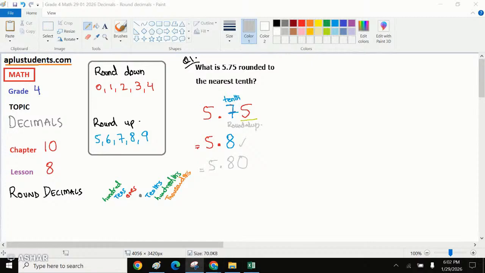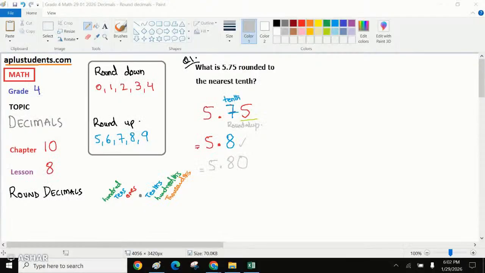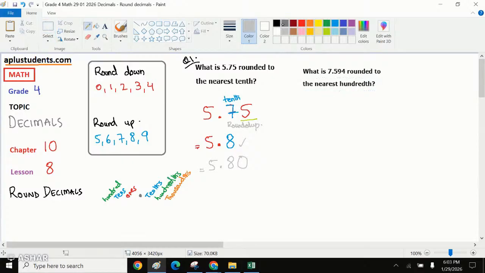The next question we have is, what is 7.594? It has 3 decimal places, and this is to the nearest hundredth. Let's see what the rounding off to the nearest hundredth would be for question number 2.